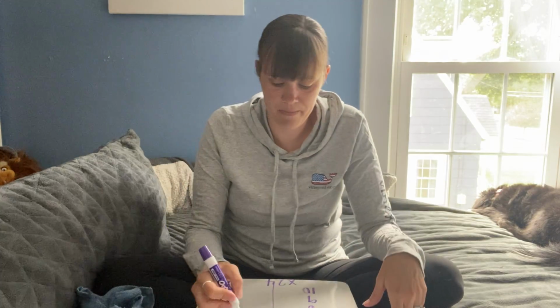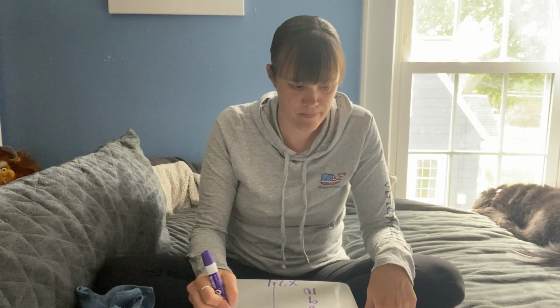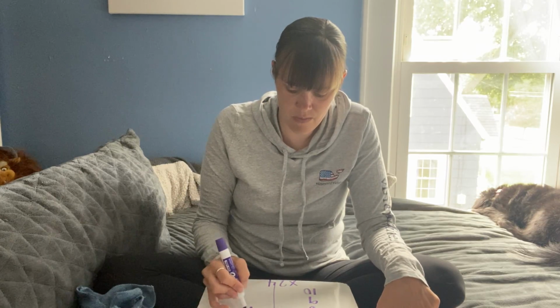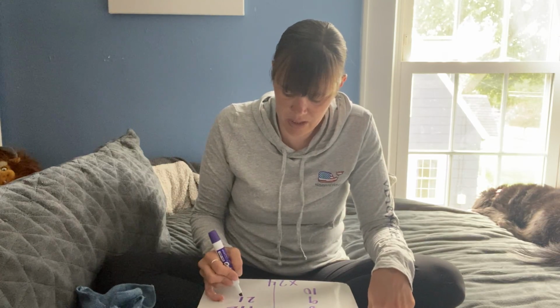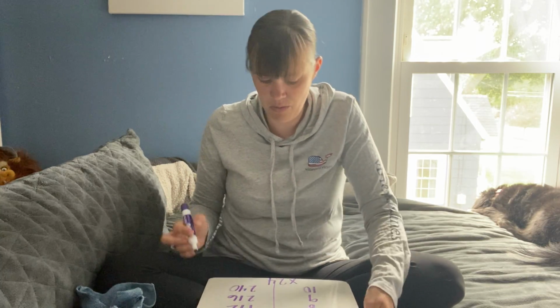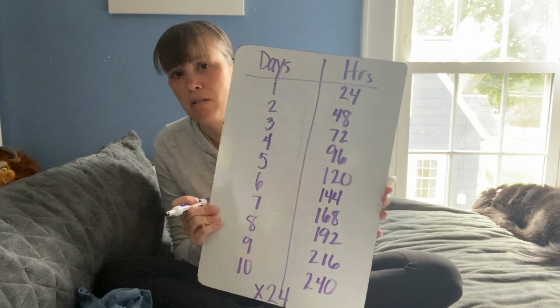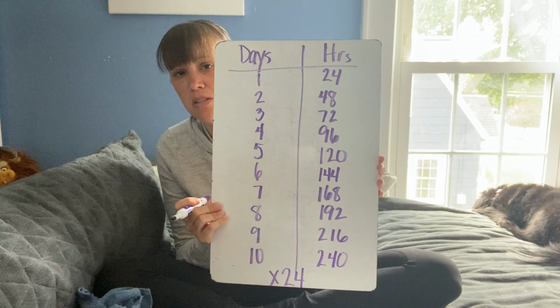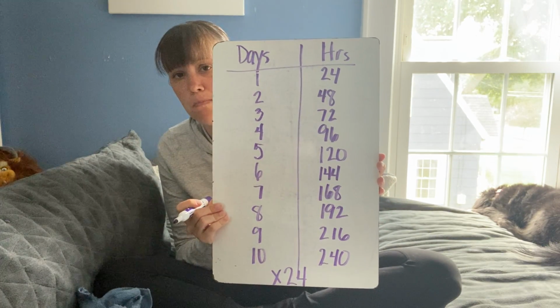Or I could just go off to the side and do 24 times 5. 144, 168, 192, 216, and at least 10 times 24 is easier, 240. So you might want to pause that for a minute and just make sure your answers are the same.